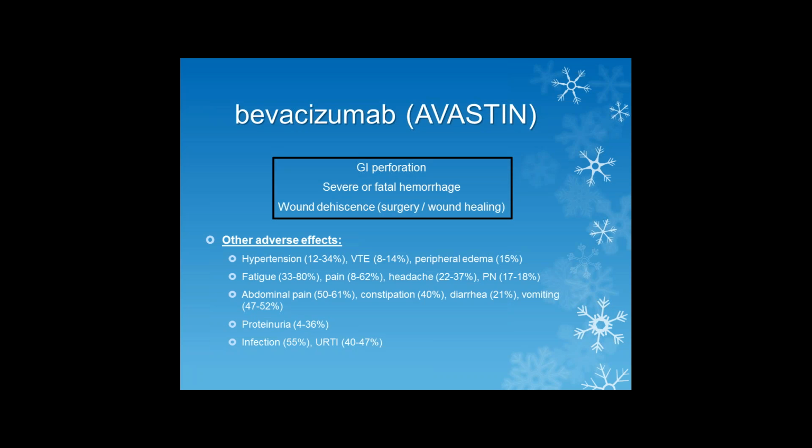Some of the things we monitor in our treatment plans are hypertension and then proteinuria. So for proteinuria, it looked like the incidences were pretty decent actually. There were 4 to 36% total. Grades 3 and 4 were less than 7%, but the median onset was 5.6 months.